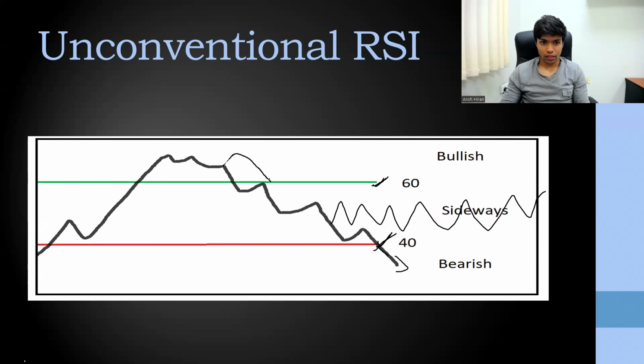If it takes support on 60 like this, you can buy and then continue the trade. If you would have shorted this, let's say RSI is below 40. If you want to short at the RSI crossover or RSI breakdown, that's great. If you missed it, you can look for the selling opportunity when the market comes and takes resistance at 40 and then moves.